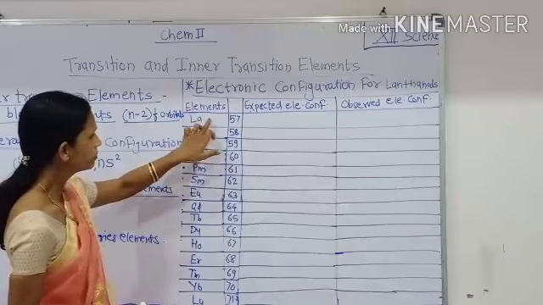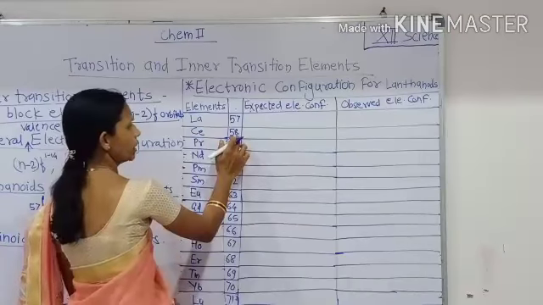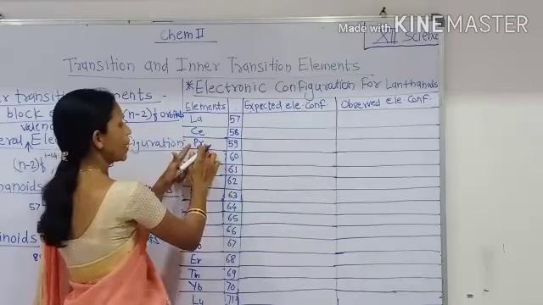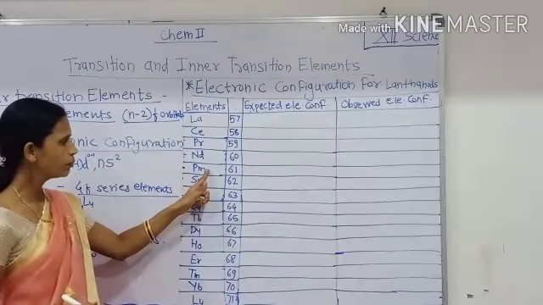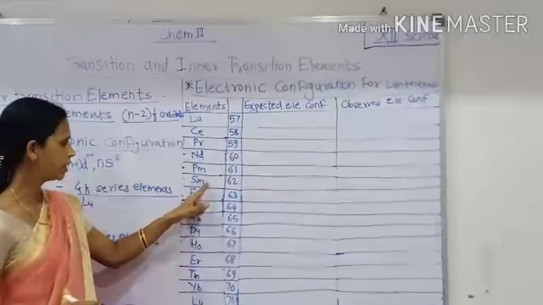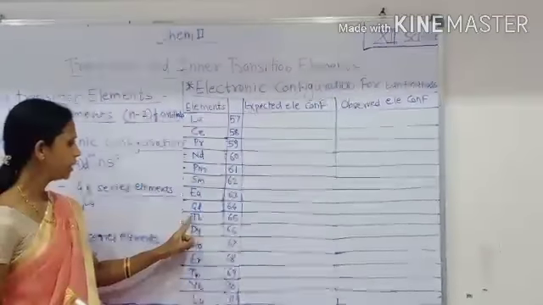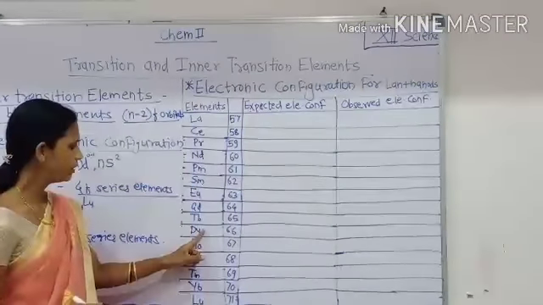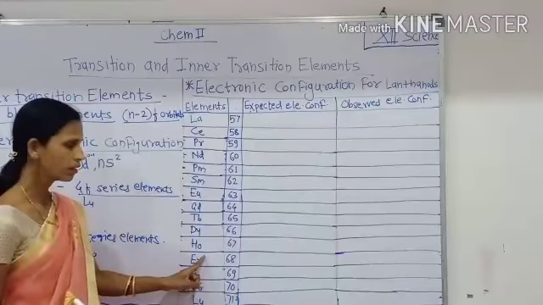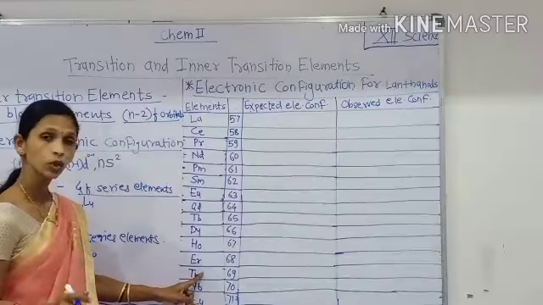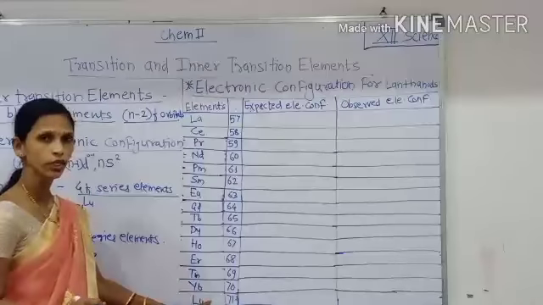Lanthanum has atomic number 57, cerium 58, praseodymium Pr, neodymium Nd, promethium Pm, samarium Sm, europium Eu, gadolinium Gd, terbium Tb, dysprosium Dy, holmium Ho, erbium Er, thulium Tm, ytterbium Yb, and lutetium Lu.